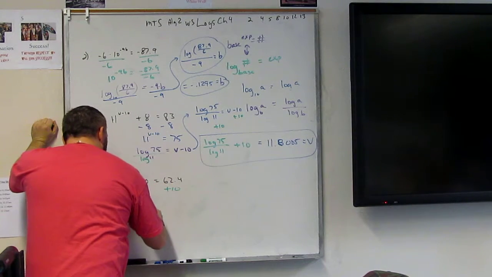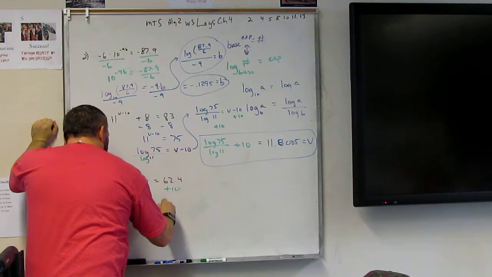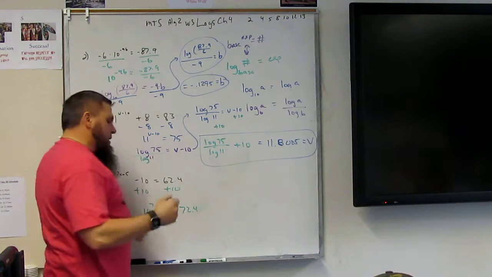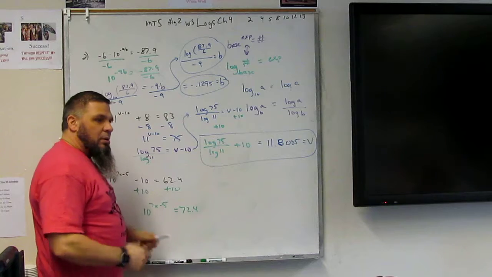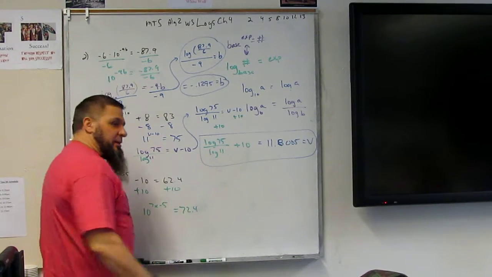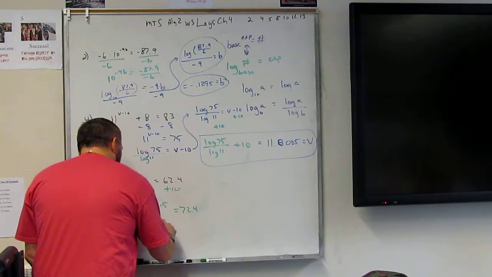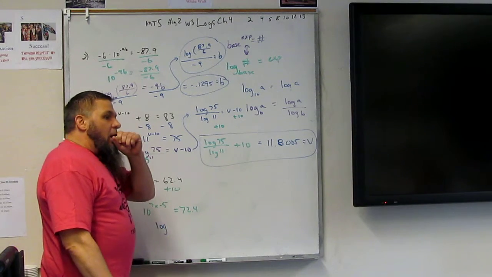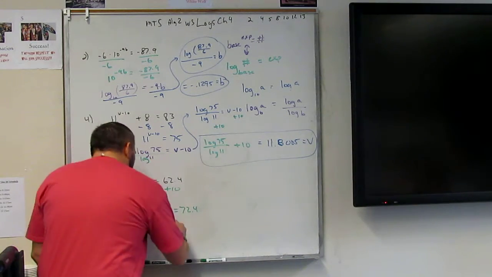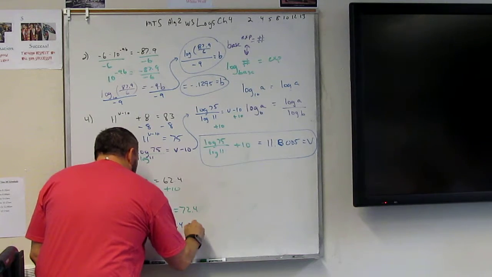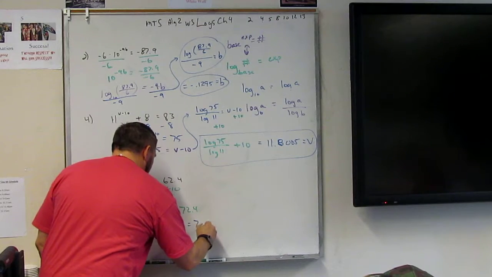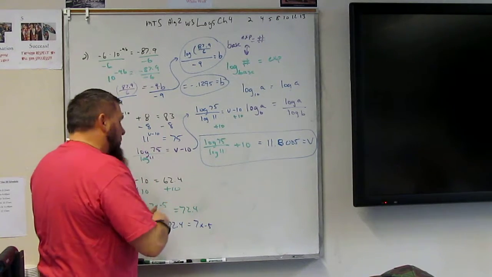So I get 10 raised to the 7x minus 5 is equal to 72.4. Now what do I do? Logarithm, right? Log base 10. Do I need to write it? No, it's a base 10. Of a number. Well, 72.4 is equal to what? 7x minus 5. Now, what do I do?